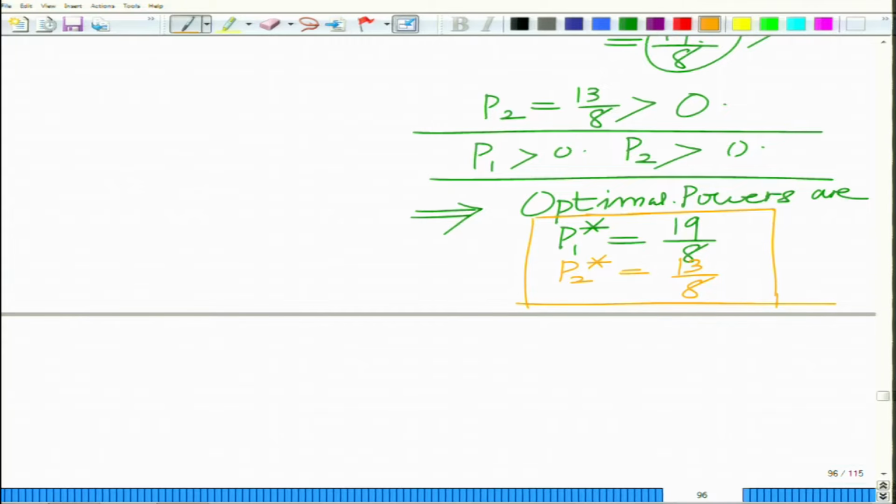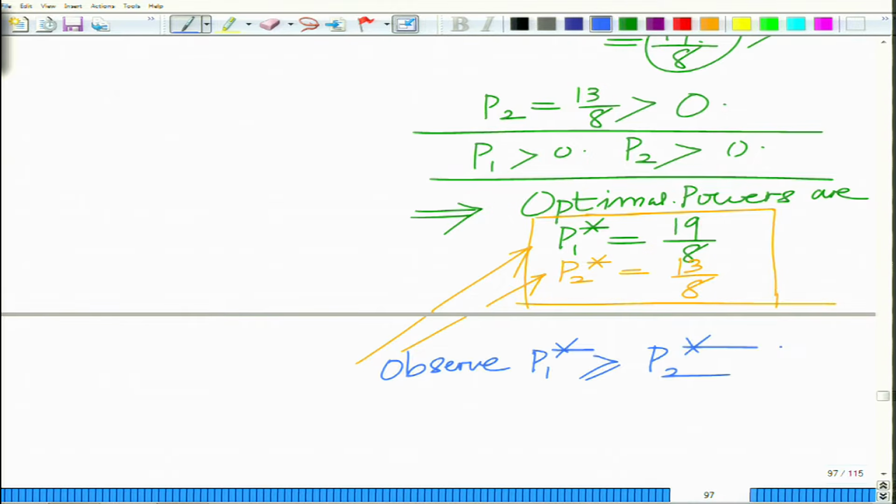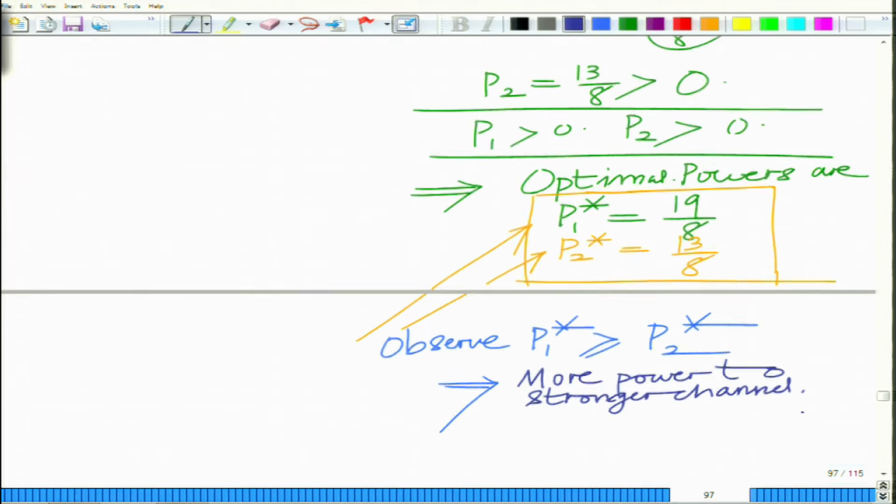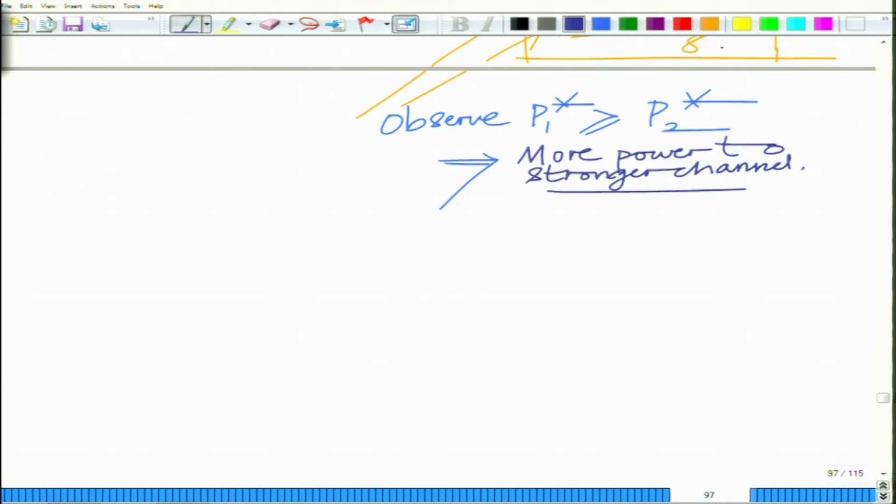Alright. And now you also observe that P1 star greater than or equal to P2 star implies there is more power to the stronger channel. And remember, this is what our water filling algorithm tells us.